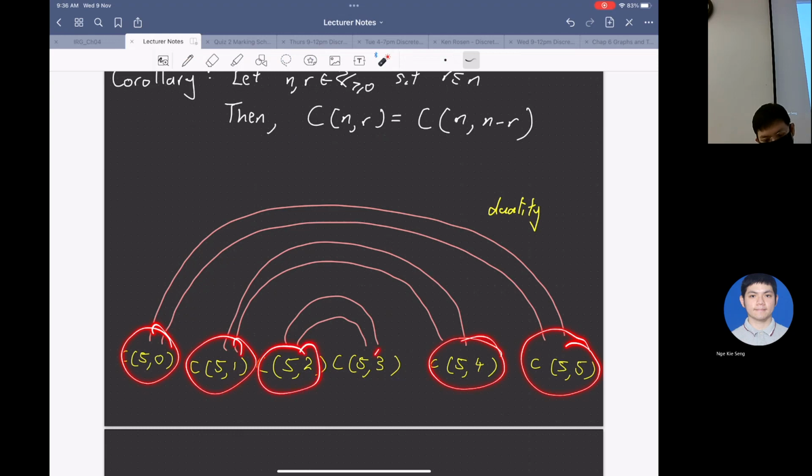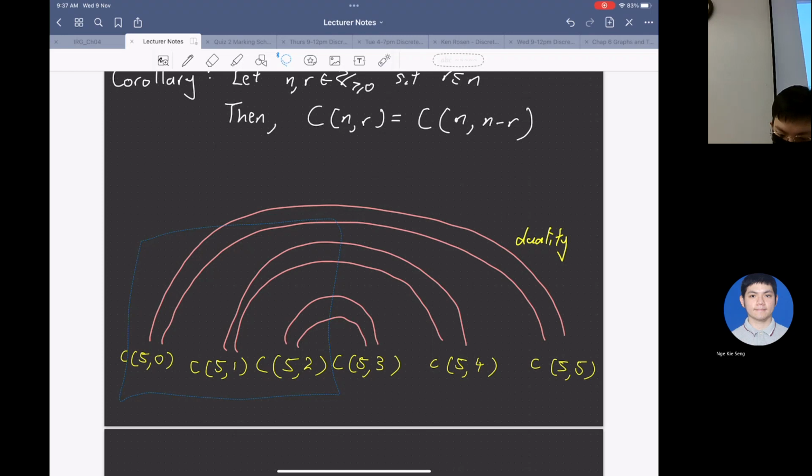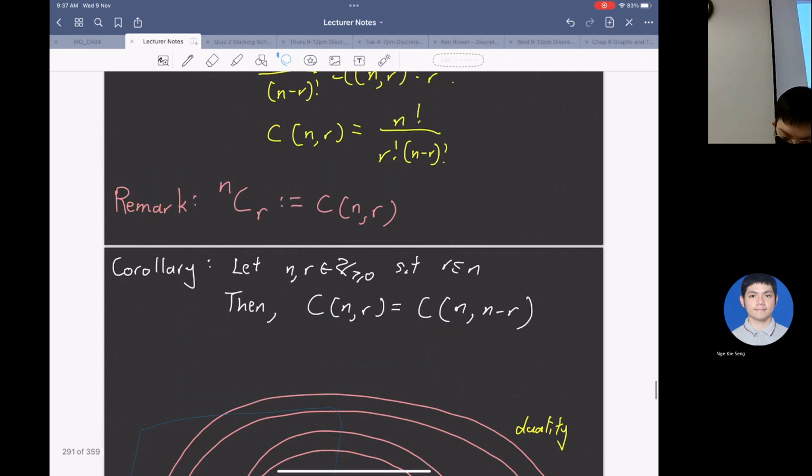Because I'm an algebra person, I like this kind of symmetry. This means if you know C(5,1), you don't need to compute C(5,4) again. They are the same. If you know C(5,2), it is actually C(5,3). So you just need to compute half of the numbers, then you can get the other half by the symmetry.